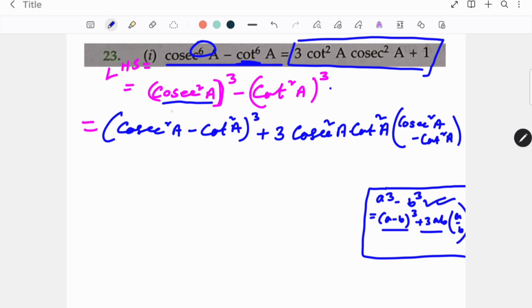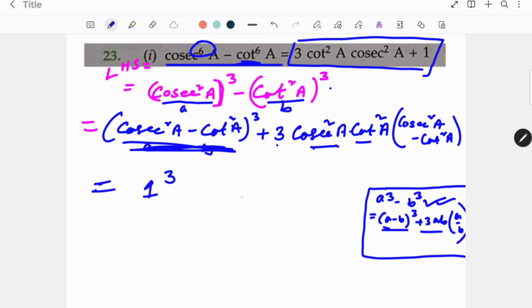Now this is our a, this is our b. So a minus b whole cube, plus 3ab, means 3 into a into b, into a minus b. A means cosec square, and b means cot square. Now we have the formula cosec square theta minus cot square theta, whose value is 1.